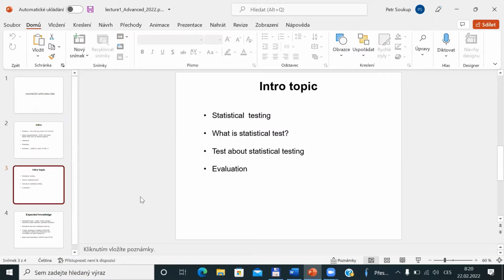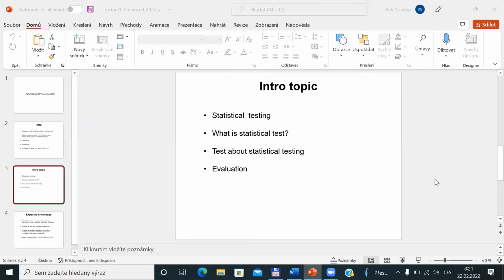But once again, the condition for generalization is the same: randomization. Randomization for selection into the control or experimental group, or randomization of selection from the population to the sample. So that's, I would like to say, the basic concept of generalization in statistics.